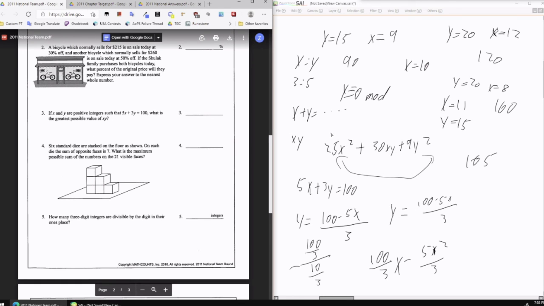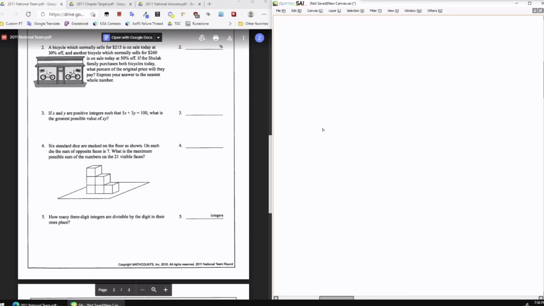Also, for this part, you didn't necessarily have to know the ratio, like 3 to 5. The big thing to know so that you don't test a lot of cases is that y is divisible by 5.